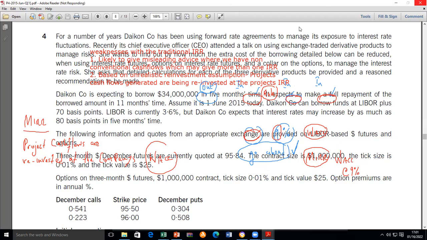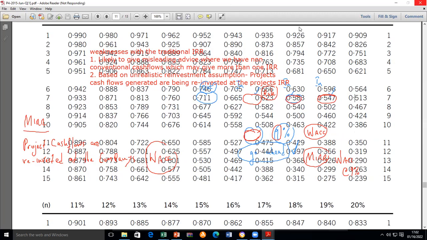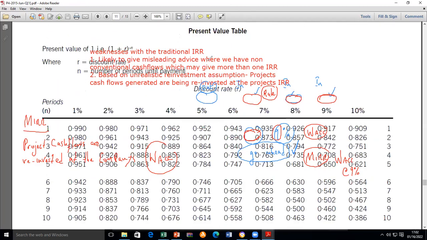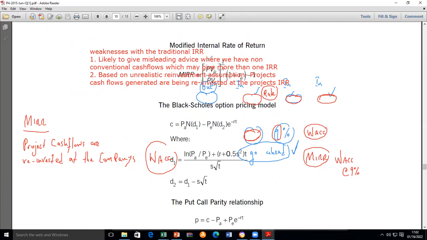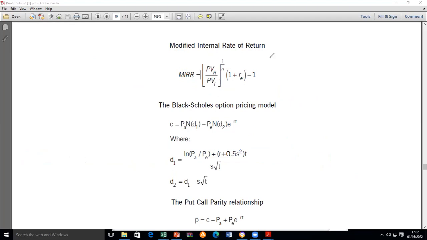So how do you do that now? Well, we use a formula, the formula which is given in your examinations. It is not a complicated formula. So here's your formula, people. That's the formula that we are going to use.